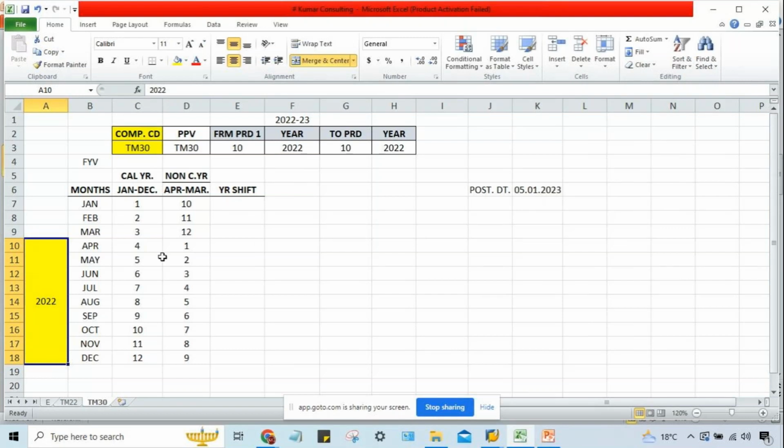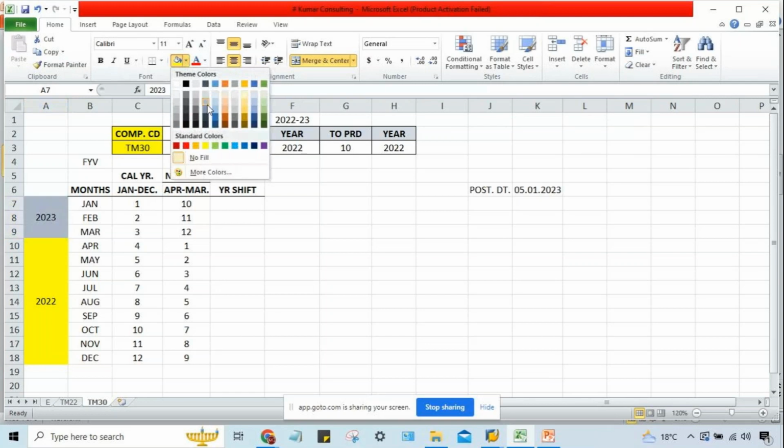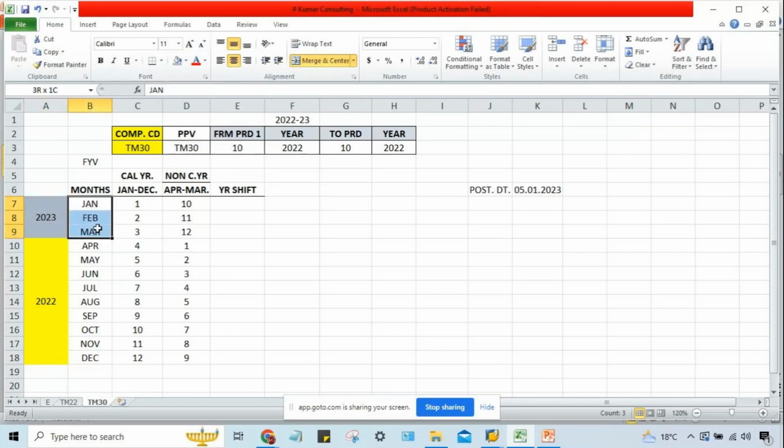Now, where is the problem? The problem is for this quarter: even though as per non-calendar year we are in 2022 itself, as per calendar year we have entered 2023 for these three periods, right? For these three periods only.